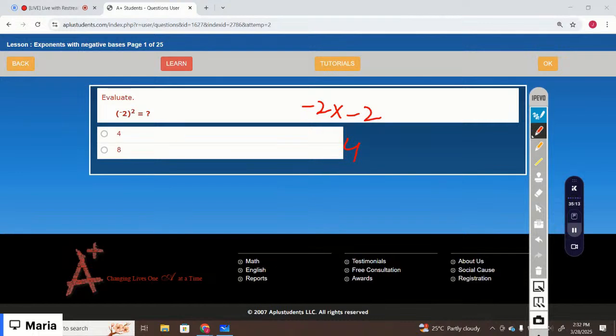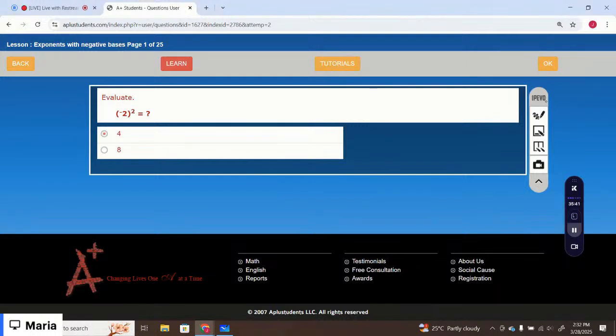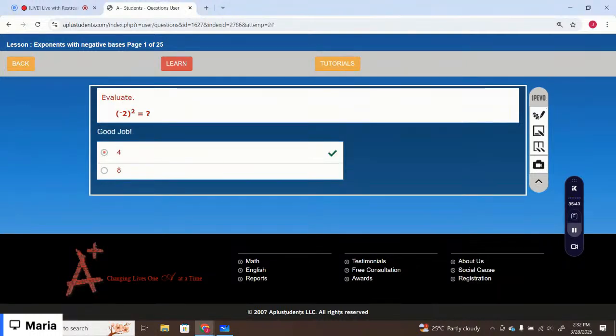That is 4. Option number 1 is the correct option.